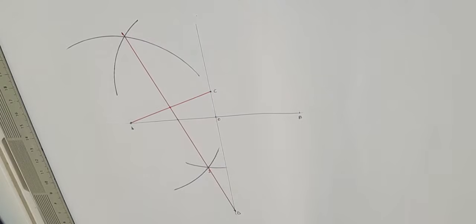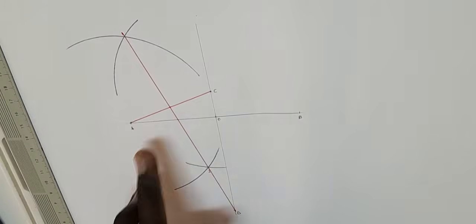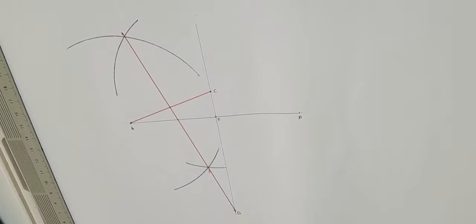Then from here you can draw your arc. So point D, you're going to use it as a construction point. When you construct your arc, you are going to use point D. It's clear.